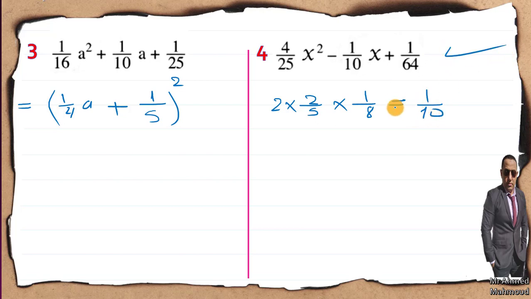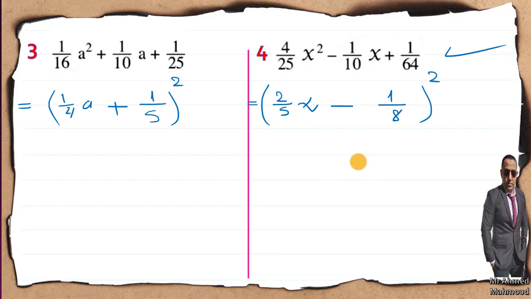So this is a perfect square trinomial, as we see. Okay, now I'm going to factorize, open bracket, power of 2, minus in between because this is the middle sign, root the first 2 over 5 x, root the third, which is 1 over 8.